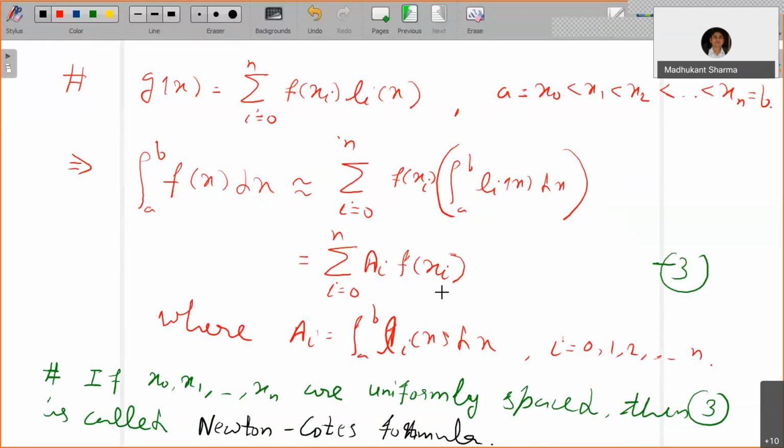When we are defining this Newton-Cotes formula, we are going to work with uniformly spaced points.